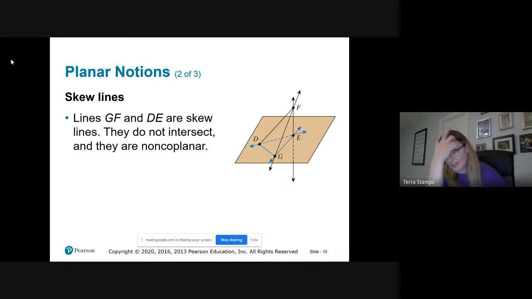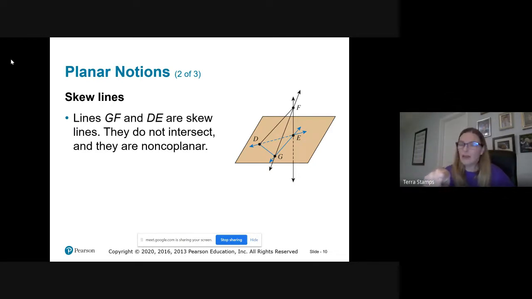All right, so let's talk about some formal definitions here about these kinds of lines and planes. Here's where it gets a little bit confusing. Lines GF and DE are skew lines. They do not intersect and they are non-coplanar.